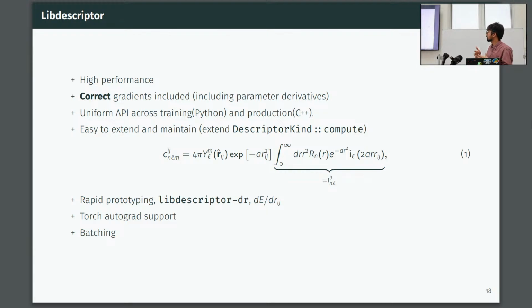But now with Enzyme, we can pick almost any arbitrary Rn and switch to numerical integration, and we know this works out of the box. We tried simple polynomial functions, because for them people have shown that numerical integration of SOAP works, and we get exactly the same values. This also enabled us with rapid prototyping.